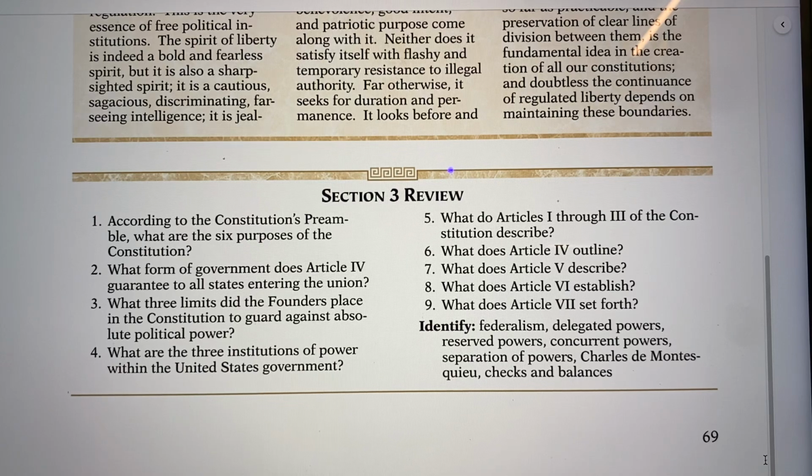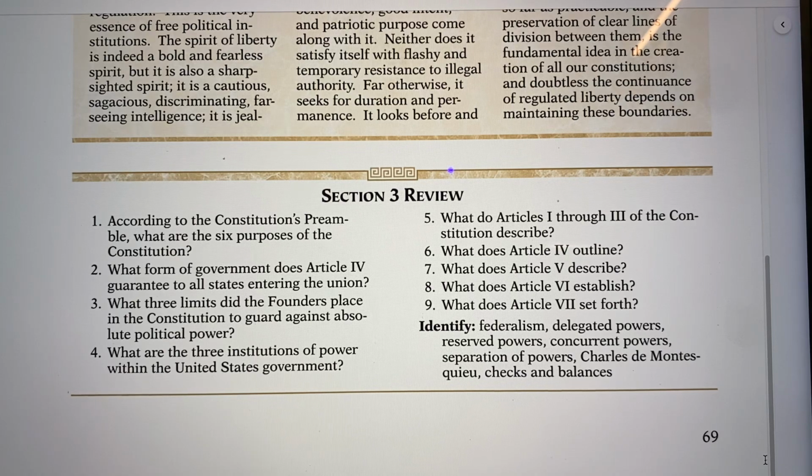And then the separation of powers, which would be the executive branch, the legislative branch, and the judicial branch. And then the checks and balances they have on each other, how each branch will check and balance each other. So federalism, separation of powers, and checks and balances are the 3 guards against absolute political power.